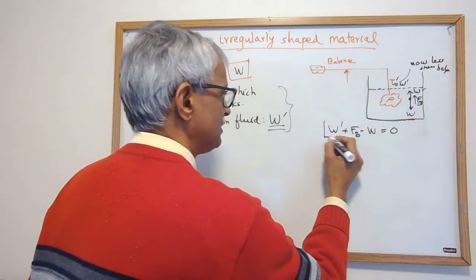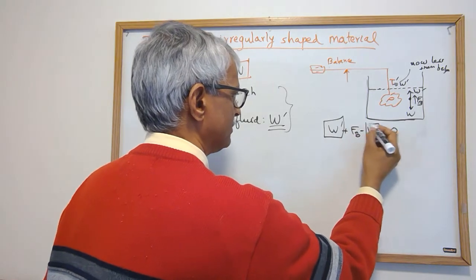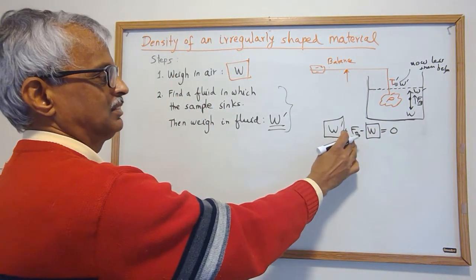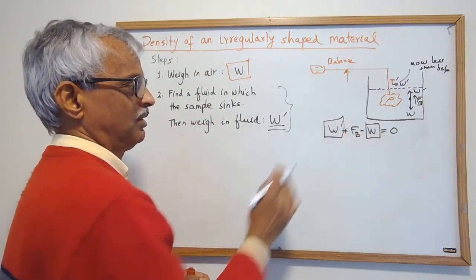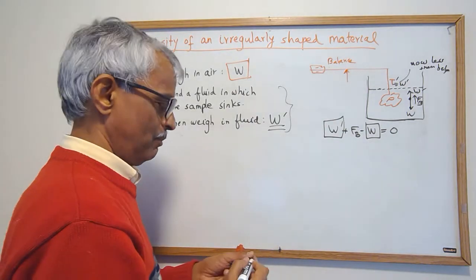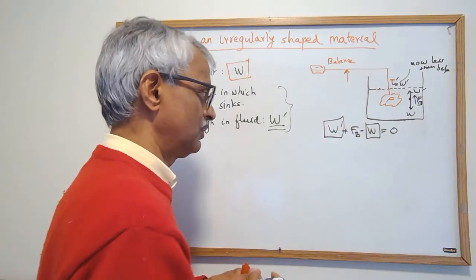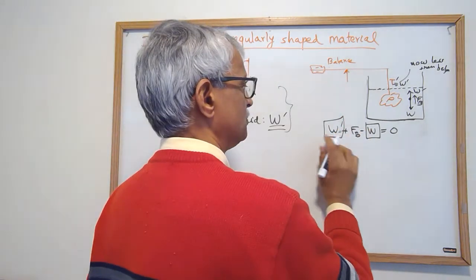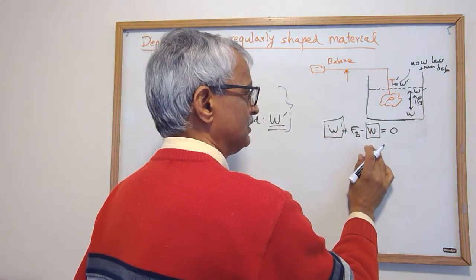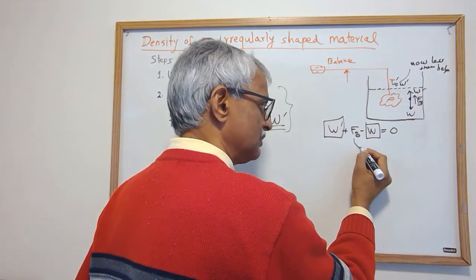So we measured W and W prime. We can actually get FB from this, but how do I get the density? We need to look more closely, so I'm going to rearrange this and figure out what FB's formula is.